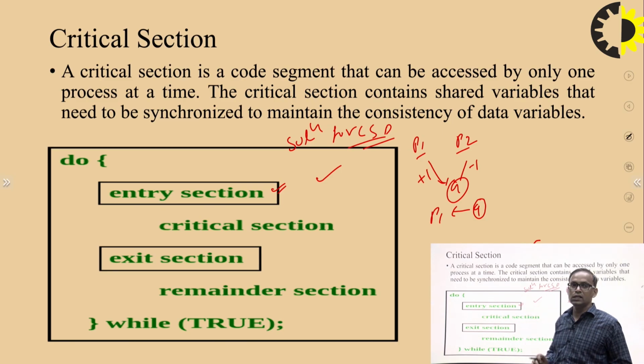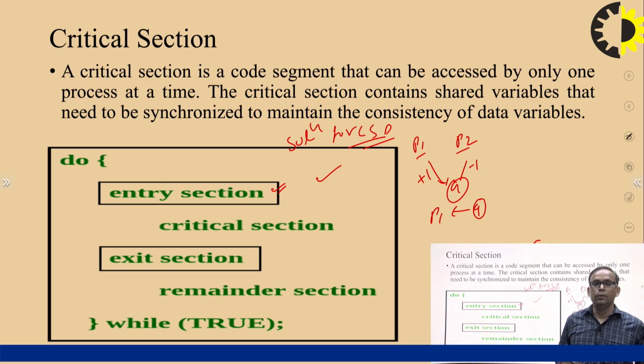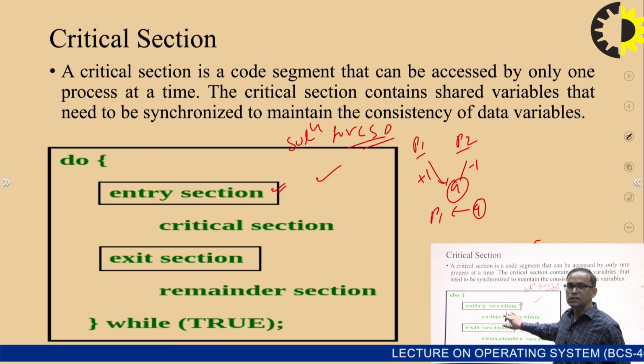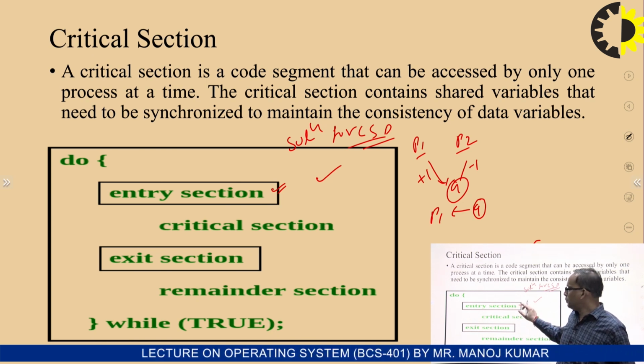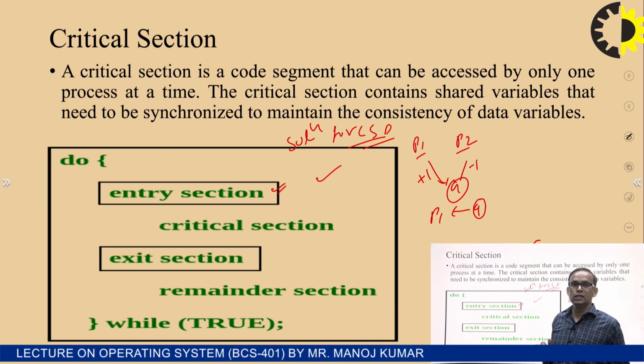First one is the entry section. In the entry section, it is decided whether a process is allowed to enter the critical section or not. It means this is a permission section. Here the permission of a process to enter the critical section will either be accepted or rejected.